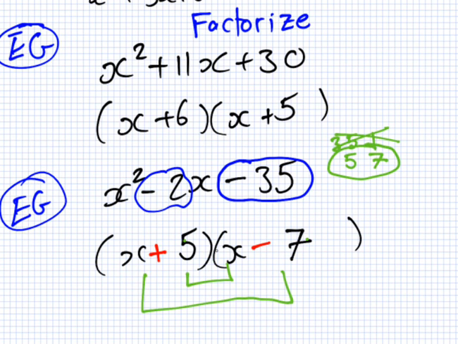Oh yeah, and the verb, what's the verb here? Factorize. Okay, you got that? Alright, give me 2a, the next one, that's a little more difficult.